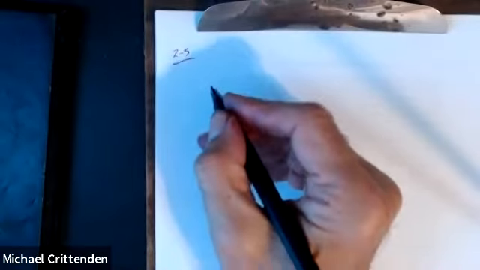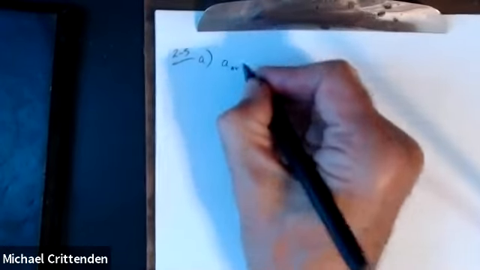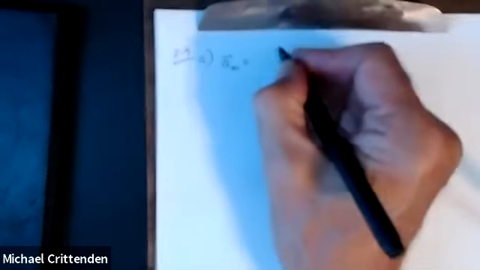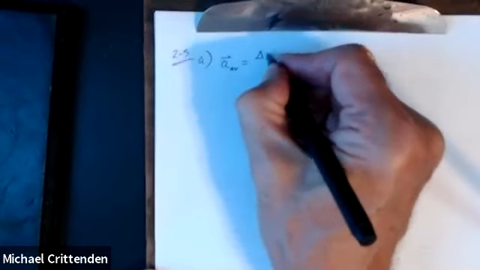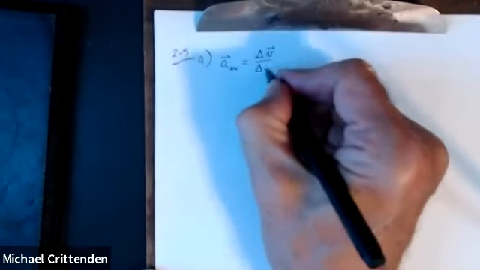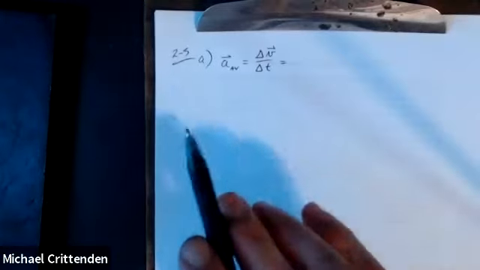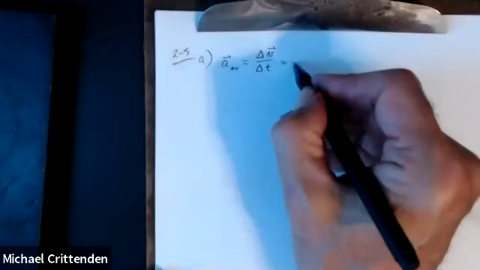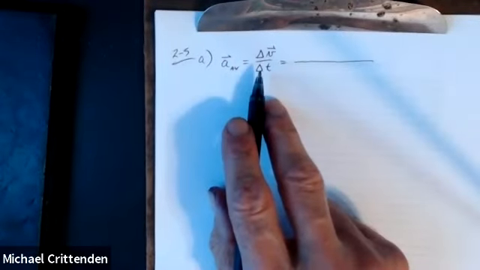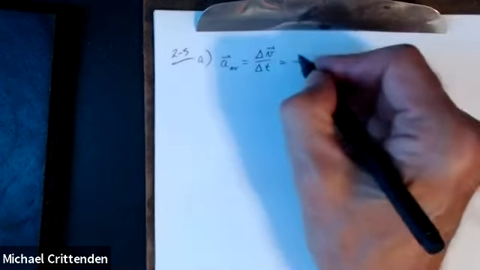Now I got the camera pointed too low. Part A, average acceleration. If it's got deltas, it's the average. If it was instantaneous, they'd be D's. Delta V means V final minus V initial, and both of those were given in the question.